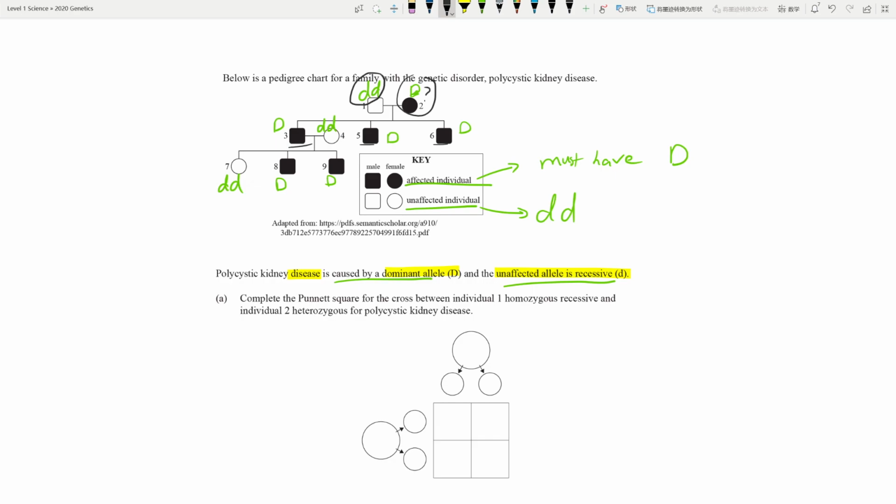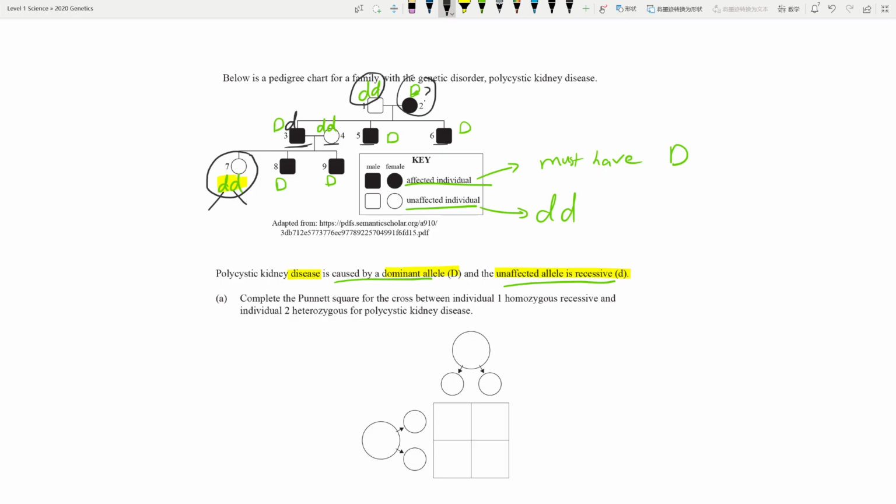But if you look at generation 3 and 4, can you see individual number 7? It's giving us two small d's. Remember, each of these letters must come from each parent, one letter from each parent. So let's say the left one from mom, the right one from dad, for example.